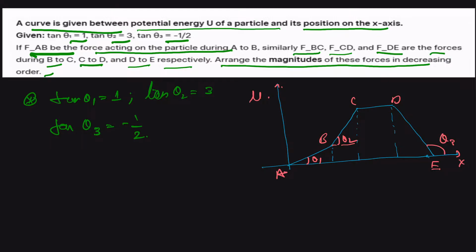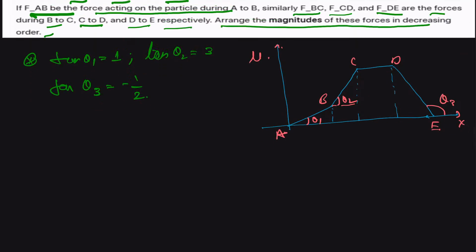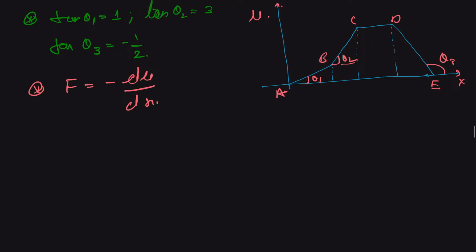And we know that force F is equal to the rate of change of energy, and we are only asked about the magnitude, so we can say this is equal to the magnitude of dU by dx.